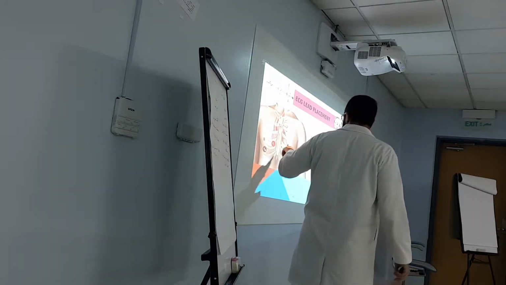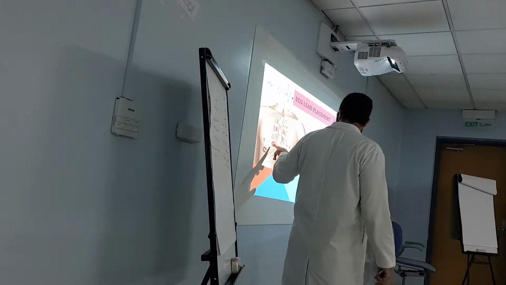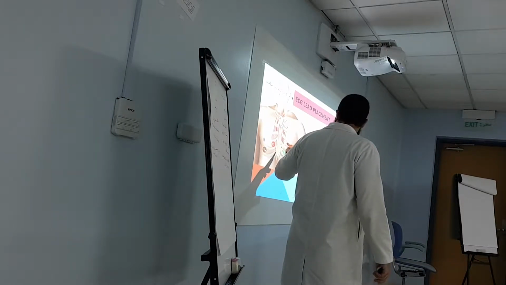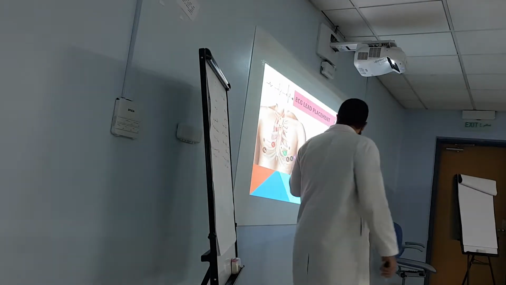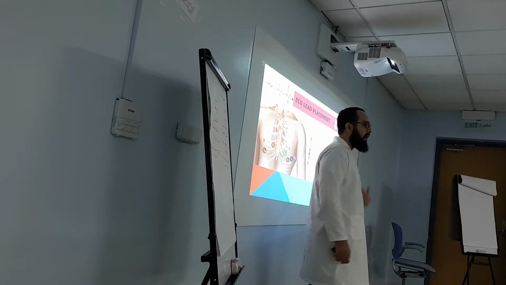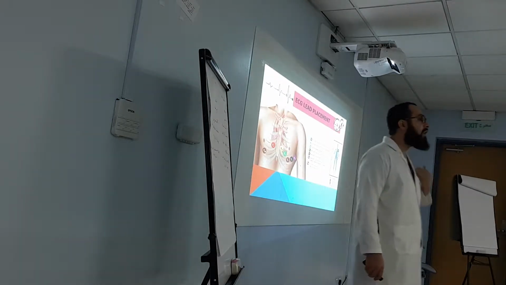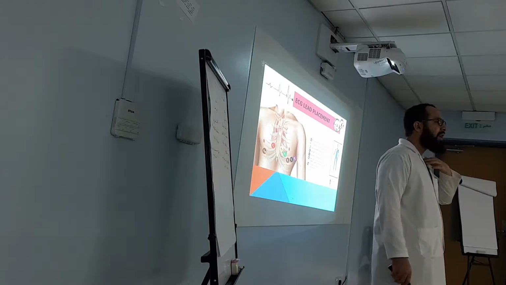You start from the right side of the patient, put lead 1, and put lead 2 on the left side of the sternum. Then you will put lead 4 at the 5th intercostal space at the mid-clavicular line. So where is the mid-clavicular line? You see the clavicle?